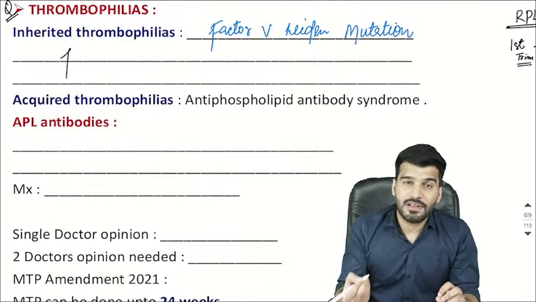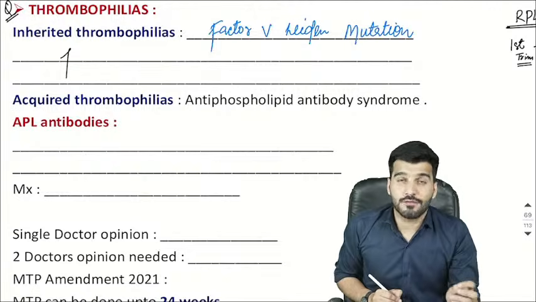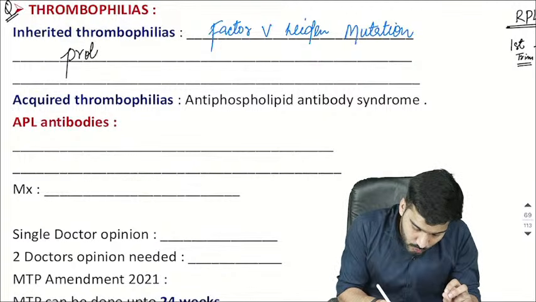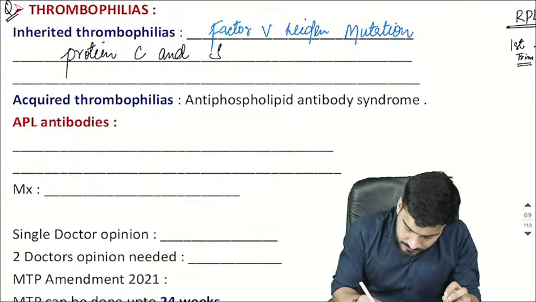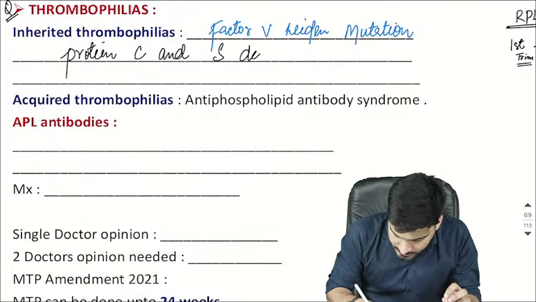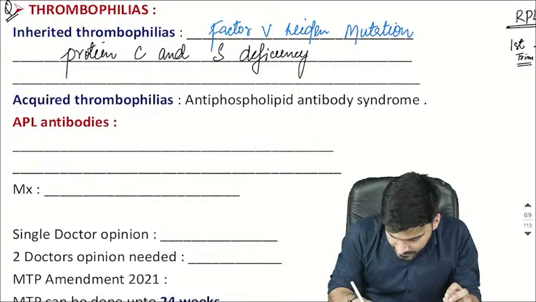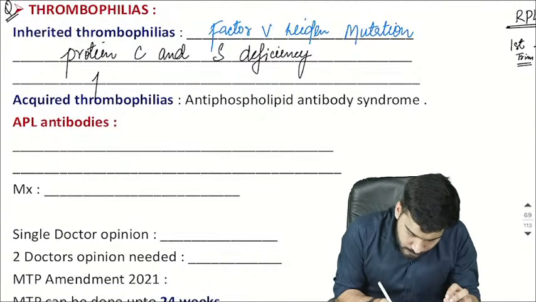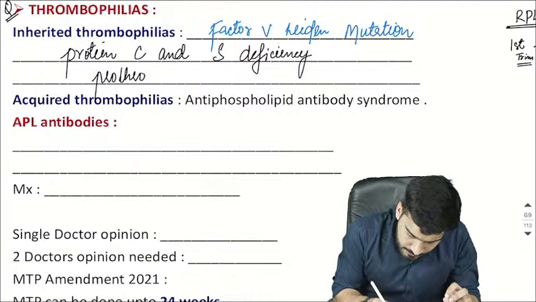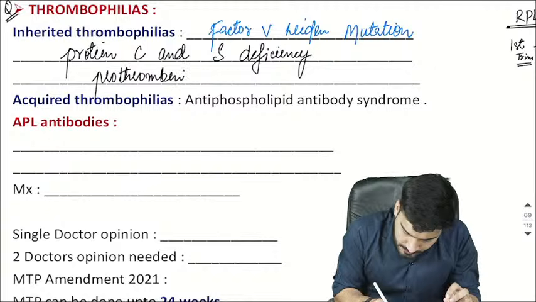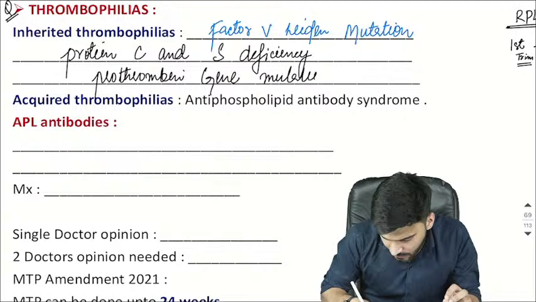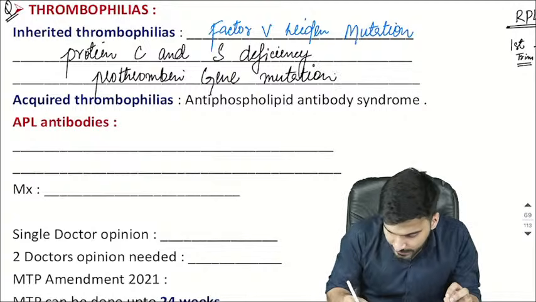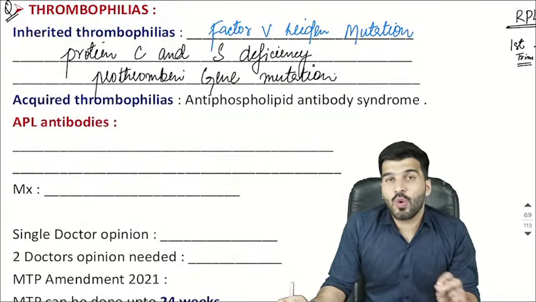That can be inherited thrombophilia, which is due to the factor 5 Leiden mutation or protein C and S deficiency, and we have prothrombin gene mutation. Clear?